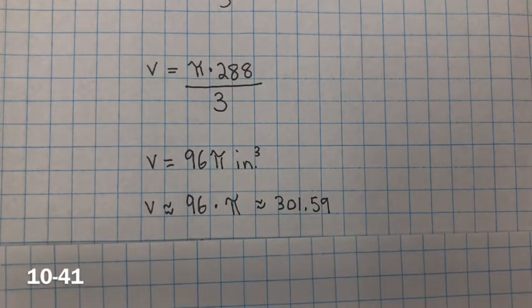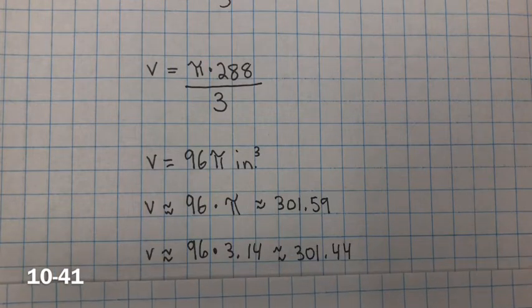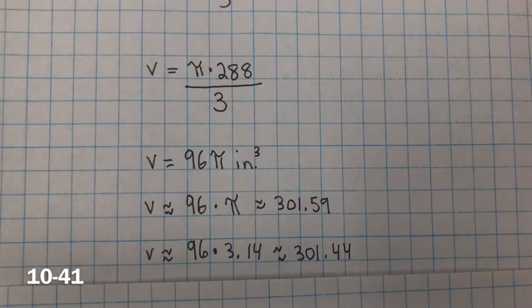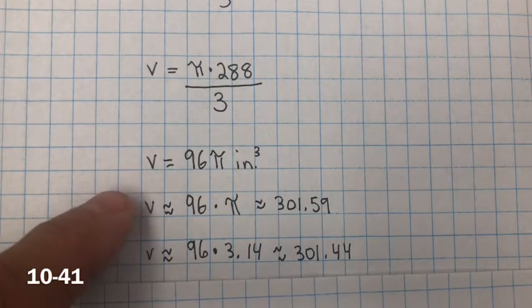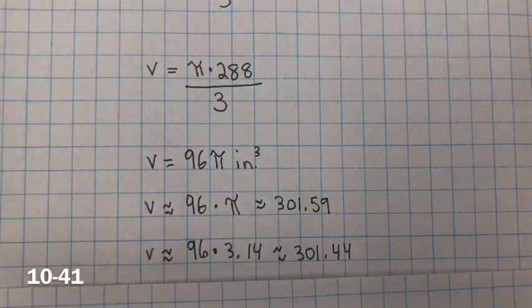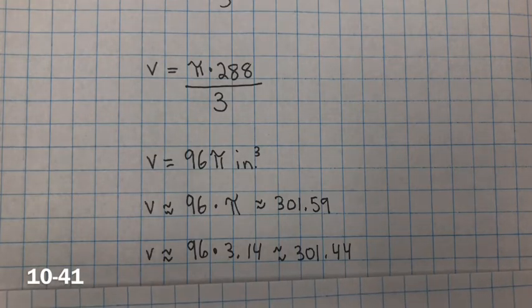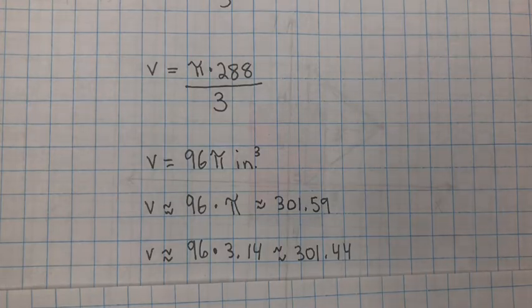Most problems will ask you to use 3.14 for the approximate value of pi. So if you use 3.14, you get approximately 301.44. So you can see that there's a slight difference. This one is a little more accurate than this one because you're rounding pi to the nearest hundredth.